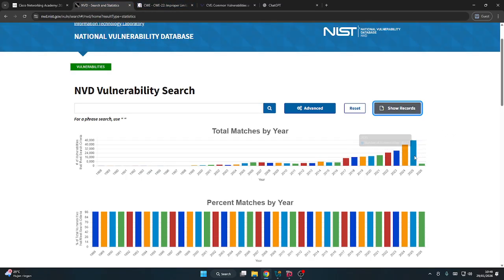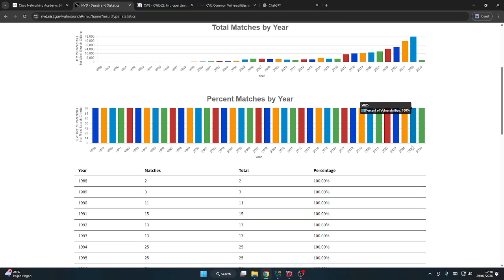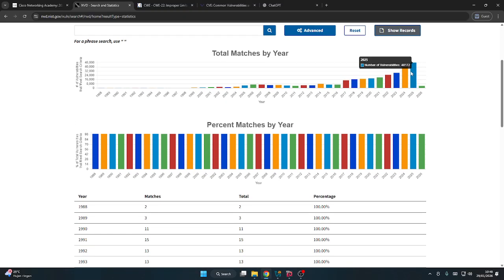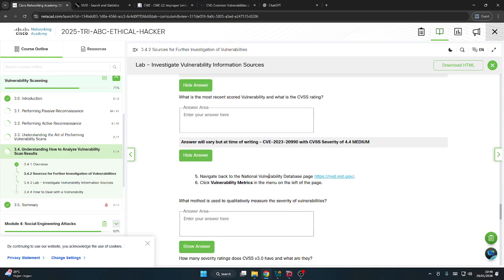But here, 2025 is the highest on here, maybe 2025, but the code will be different.